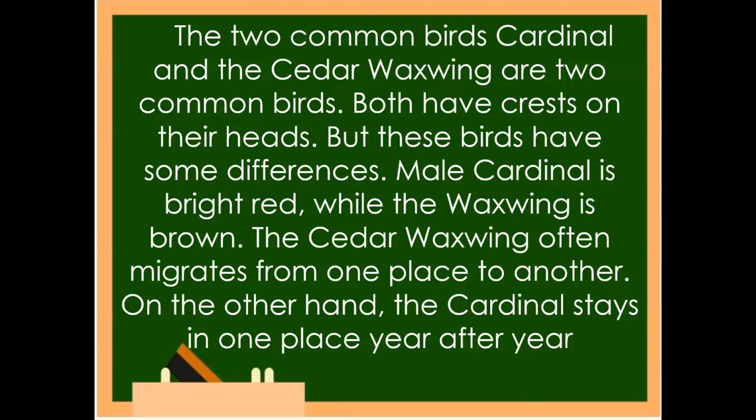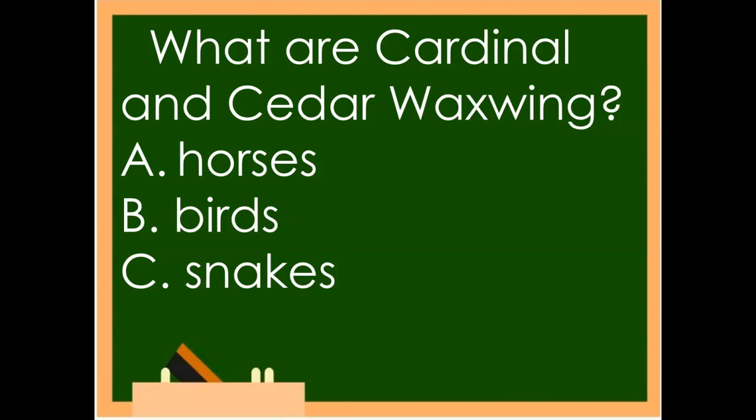The cardinal and the feather waxwing are two common birds. Both have crests on their heads, but these birds have some differences. Male cardinal is bright red, while the waxwing is brown. The feather waxwing often migrates from one place to another. On the other hand, the cardinal stays in one place year after year. So, what are cardinal and feather waxwing? They are birds.